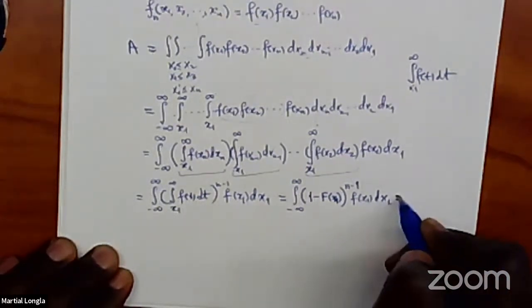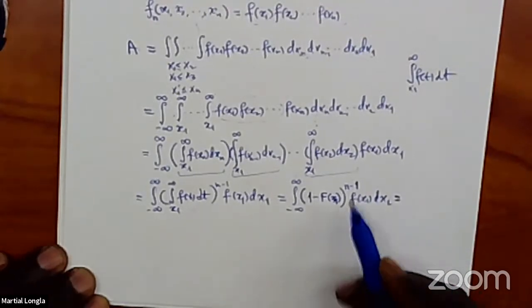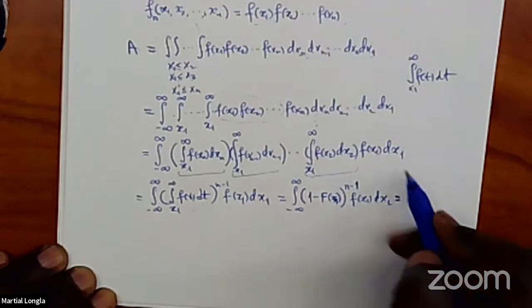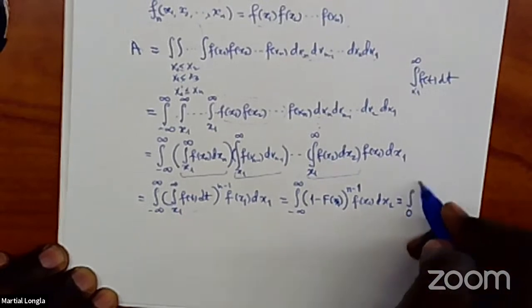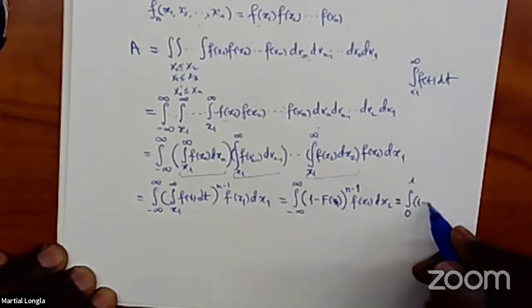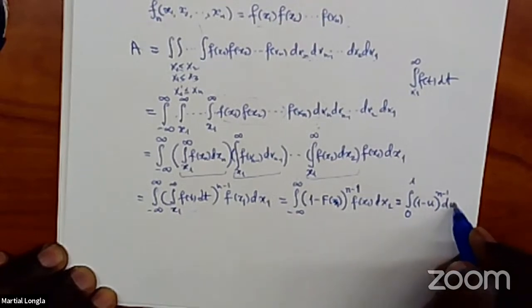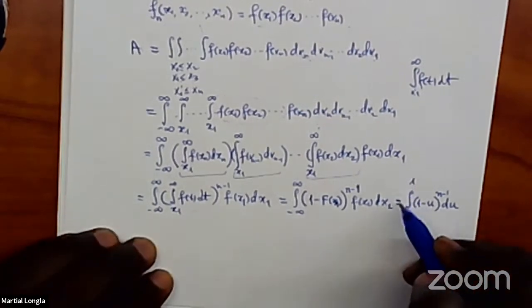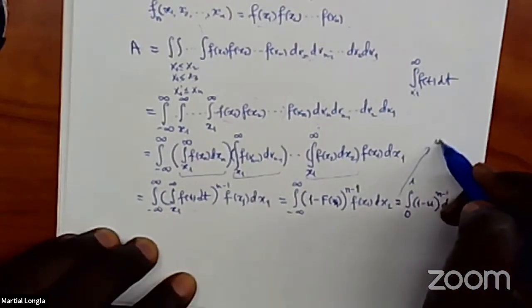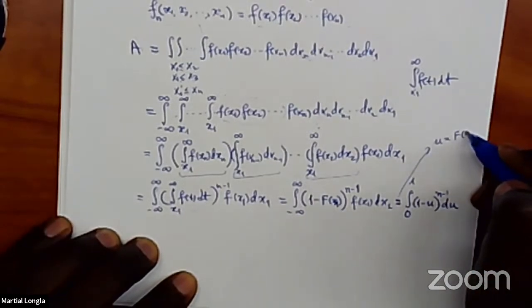And I claim that no matter what is little f, no matter what is capital F, when you do a change of variable, this is the integral from 0 to 1 of 1 minus u to the power n minus 1 du, where u is equal to capital F of x1.